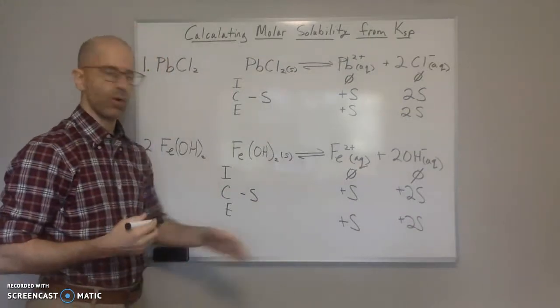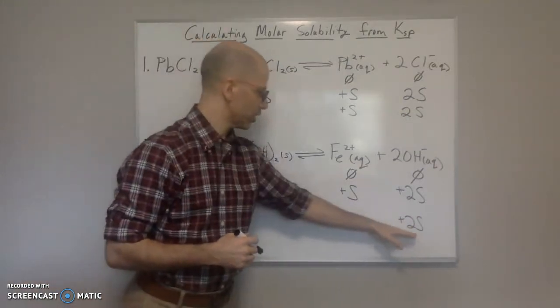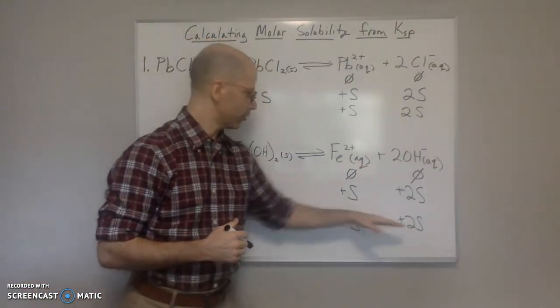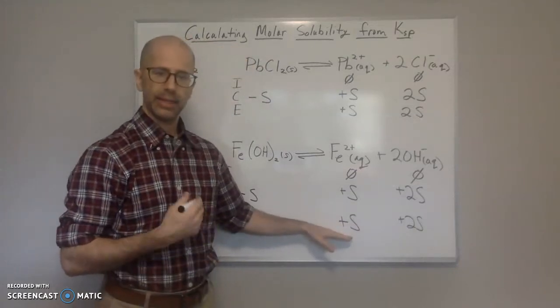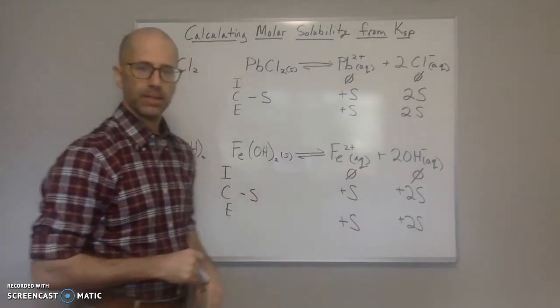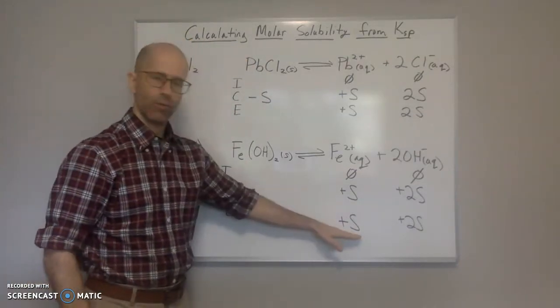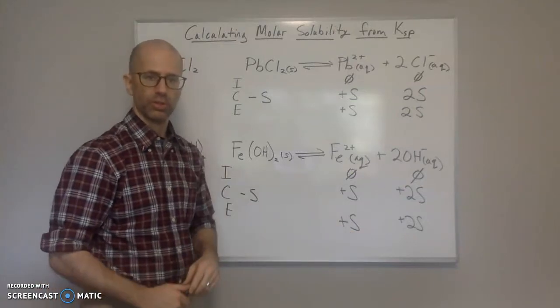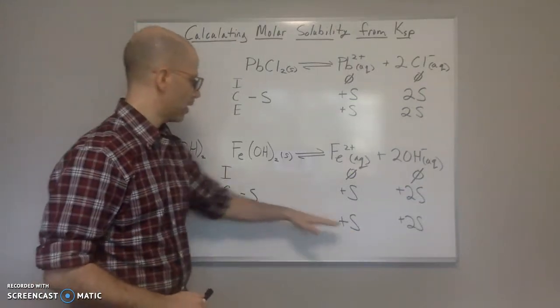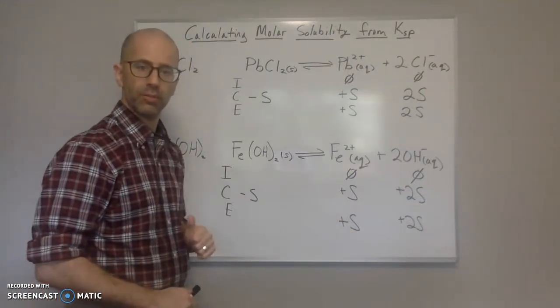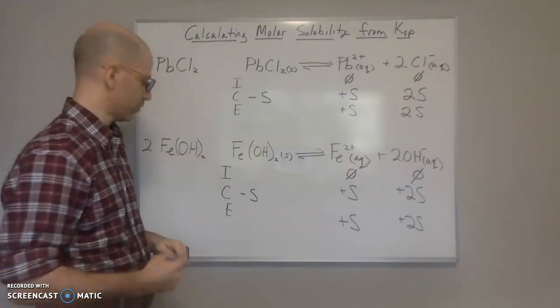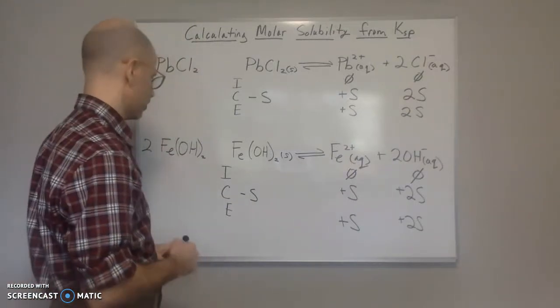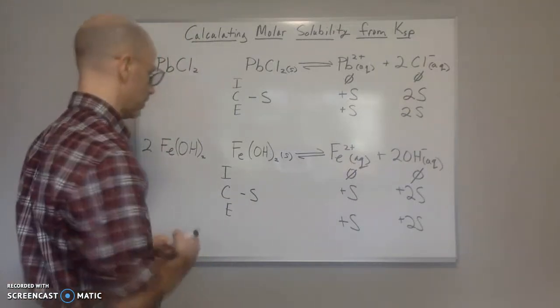And then at this point, now that we have our equilibrium amounts of our ions in terms of s, we can solve for the molar solubility of this substance here, iron 2 hydroxide, by setting it equal to the Ksp.